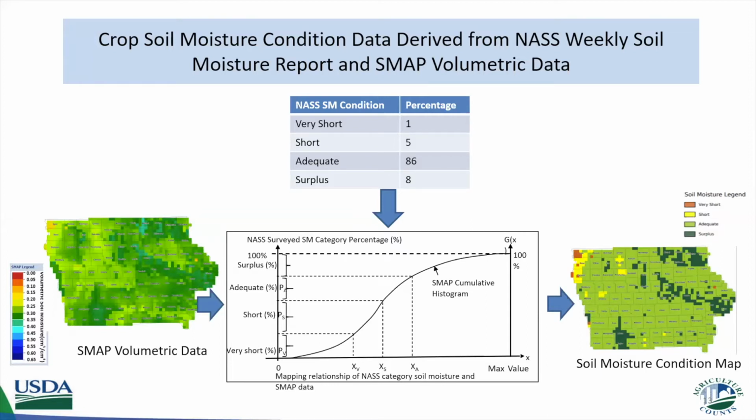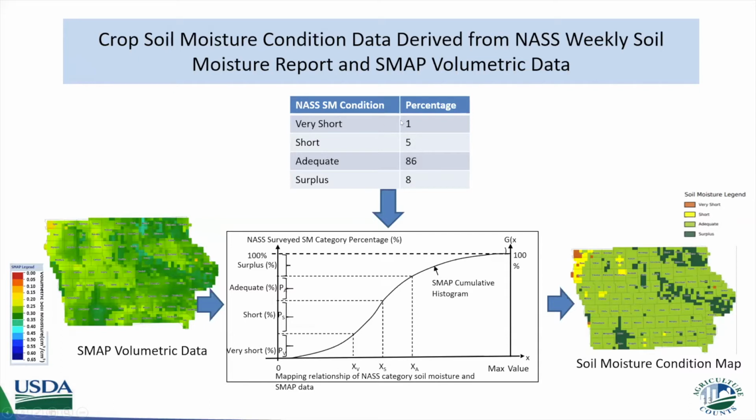So we have 4 levels, and the survey will report the percentage of the whole state in each category. For example, here we have 1% very short, 5% short, 86% of cropland adequate, 8% surplus.